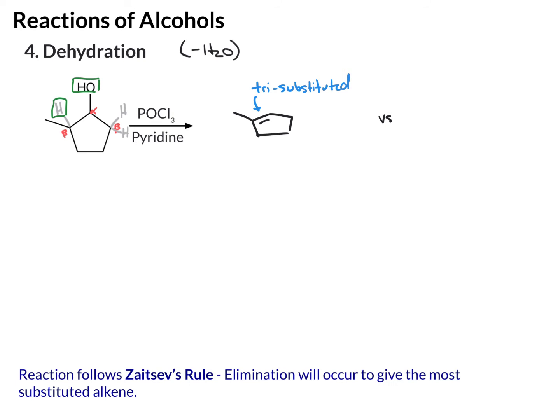Let's draw the other possible product. This one is just disubstituted. So the product on the left is the actual product.